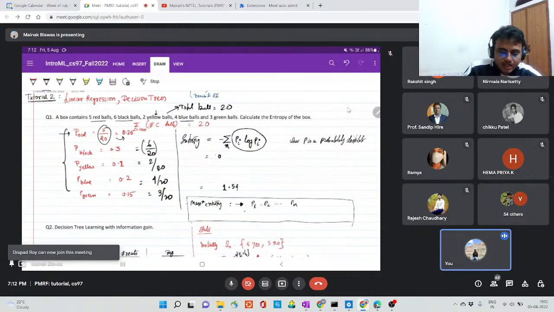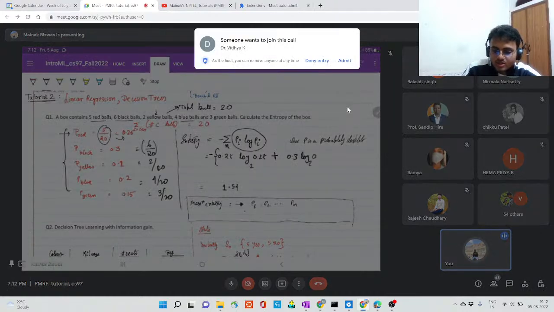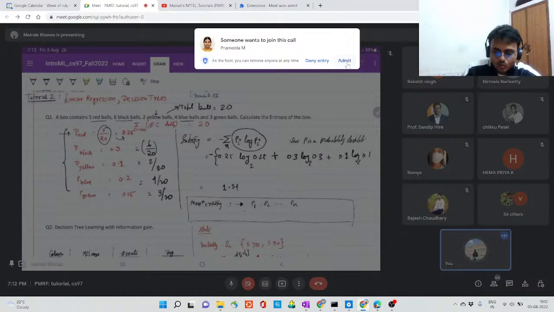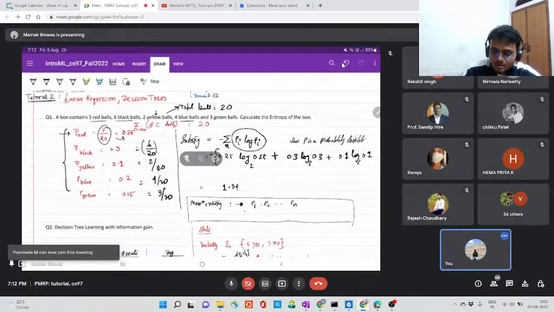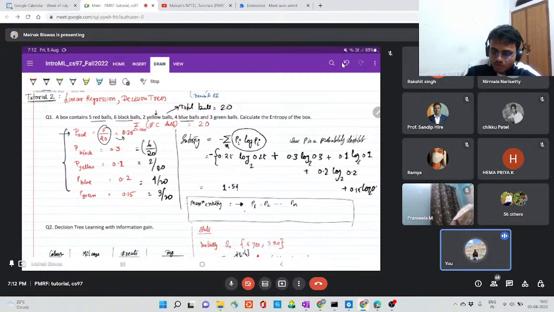You can see it's 0.25 into log 0.25, plus 0.3 log base 2 0.3, and 0.1 log base 2 0.1, and 0.2 log base 2 0.2 and 0.15 log base 2 0.15.